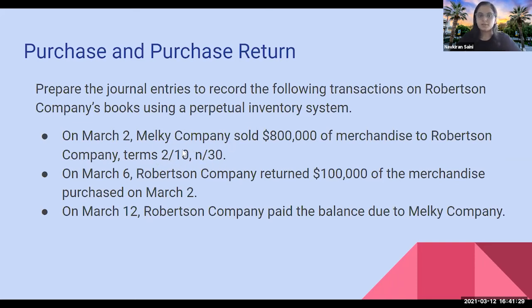This phrase means we will get a 2% discount on whatever amount we owe if we pay within 10 days. If we did not pay within 10 days, we have to pay the whole amount in 30 days. So 700,000 were due, and since we are paying within 10 days, from March 2nd to March 12th, we are eligible to get that discount.